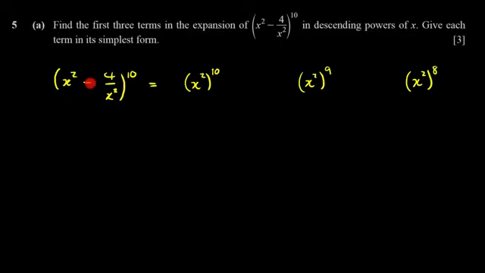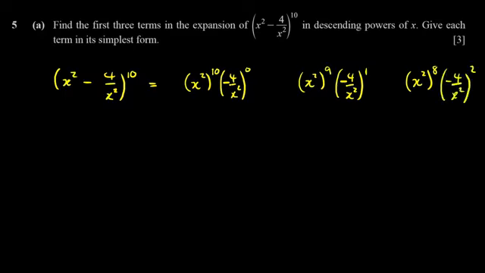And then with this term here, the negative 4 upon x squared, you can write that negative 4 upon x squared to the power of 0, negative 4 upon x squared to the power of 1, and negative 4 upon x squared to the power of 2. And notice that these powers increase: 0, 1, 2. Furthermore, you should notice that the 2 powers must add up to give 10. 10 and 0 is 10, 9 and 1 is 10, 8 and 2 is 10.